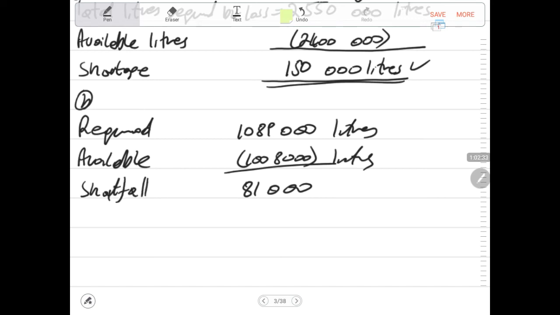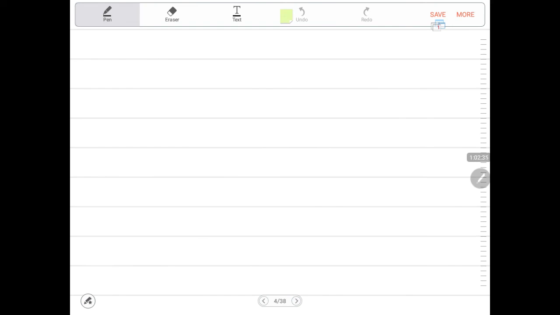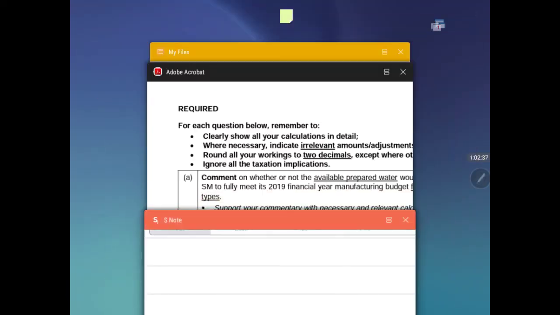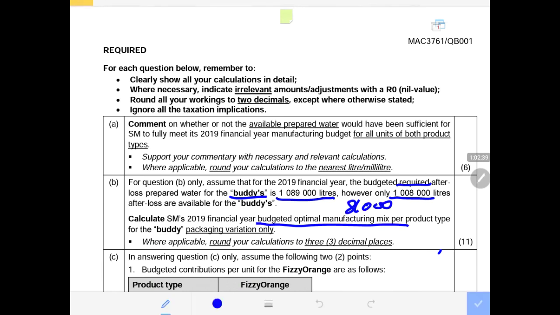The minute we know there's a shortfall, then we go to our calculation of the contribution. For which product specifically? It is for the body, but we need to do it for all three of them.